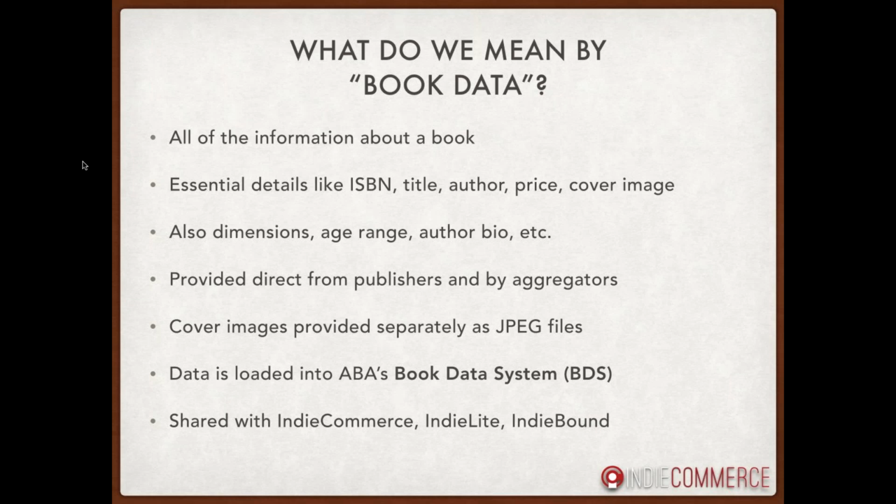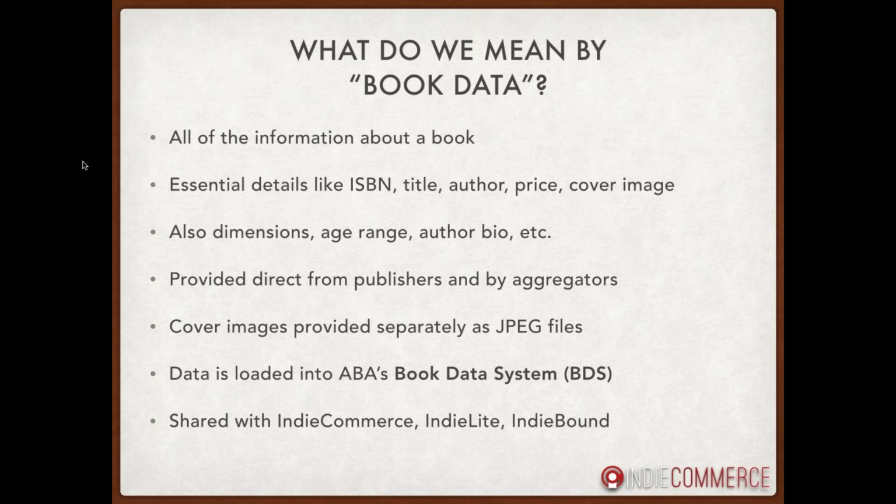We also have things like dimensions, which are important for pulling shipping quotes, as well as the age range. And then we have more detailed information that you would only show on a product page, like the author's biography or articles and blurbs that were written by other authors and publications praising the book.